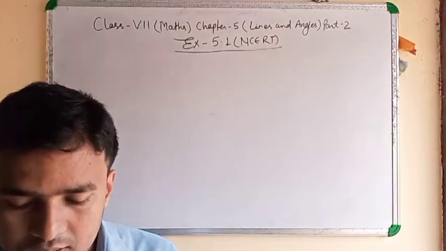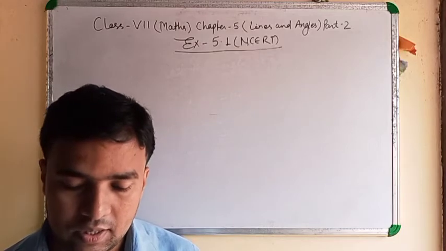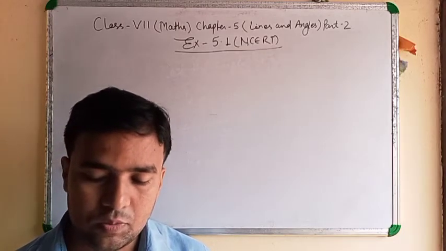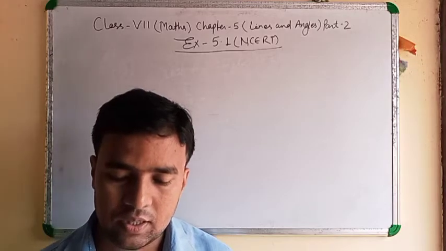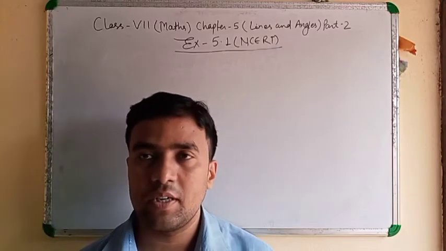Question number 6. In the given figure, angle 1 and angle 2 are supplementary angles. If angle 1 is decreased, what changes should take place in angle 2 so that both the angles still remain supplementary? Clear?